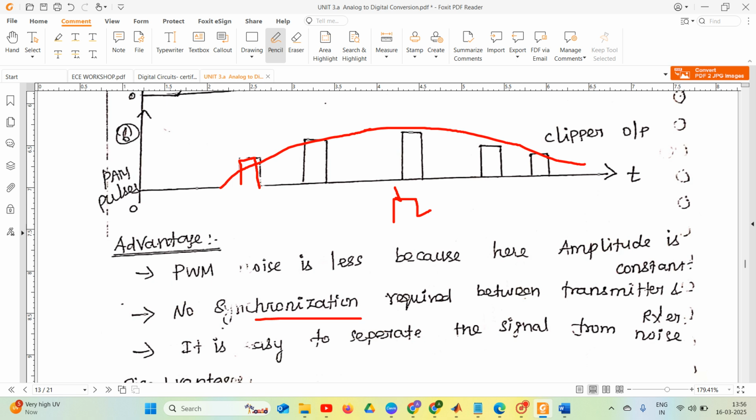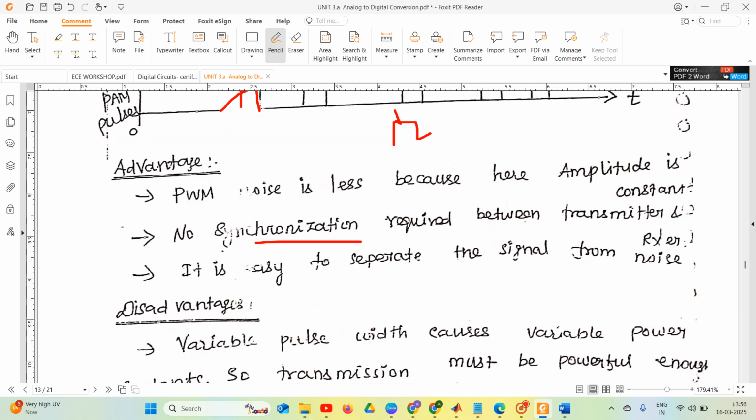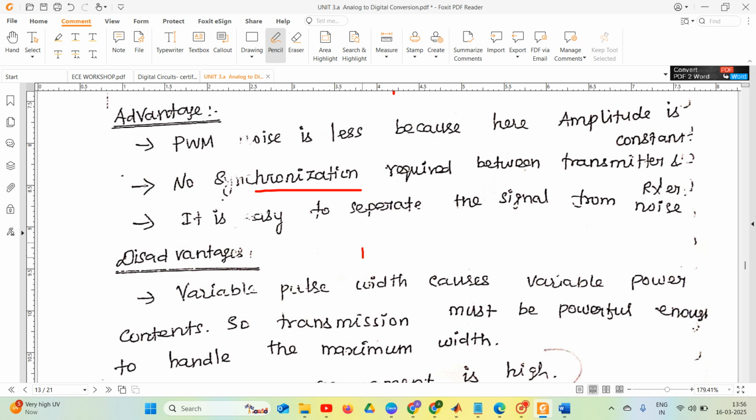The disadvantage is, as we know, the bandwidth. If we are converting an analog to a digital signal, the number of bits is more, so we need high bandwidth. And one more drawback is, as the pulse width varies, the transmission power also varies.